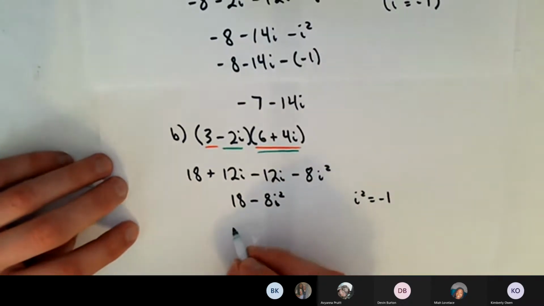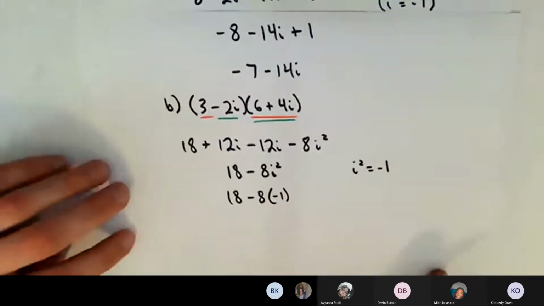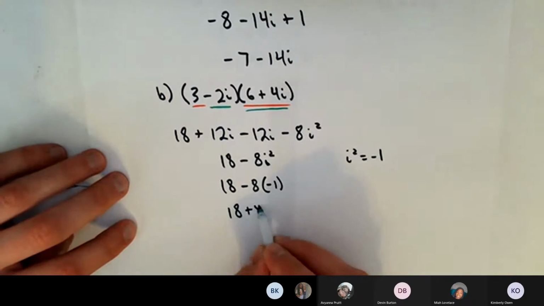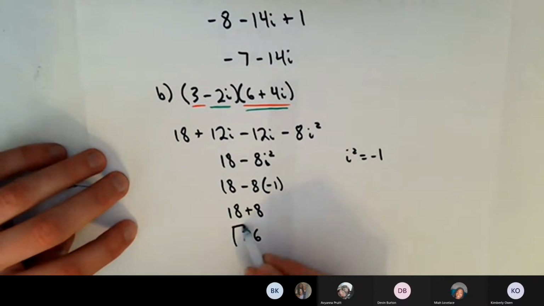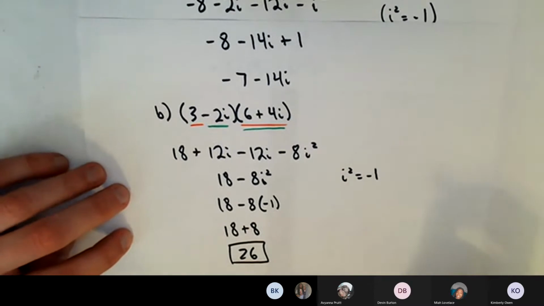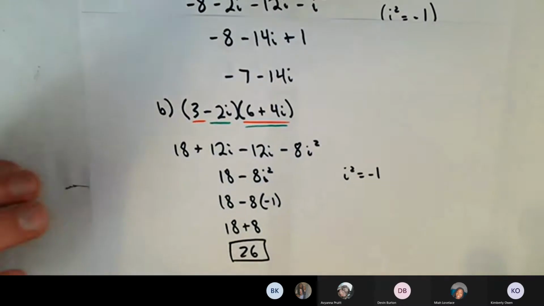So I can replace i squared with negative 1 here. 18 plus 8 in my next step, and finally I'm getting 26. And that's fine. The point is, it's still technically in complex number form, where the real part is 26 and the imaginary part ended up being 0. It zeroed out.